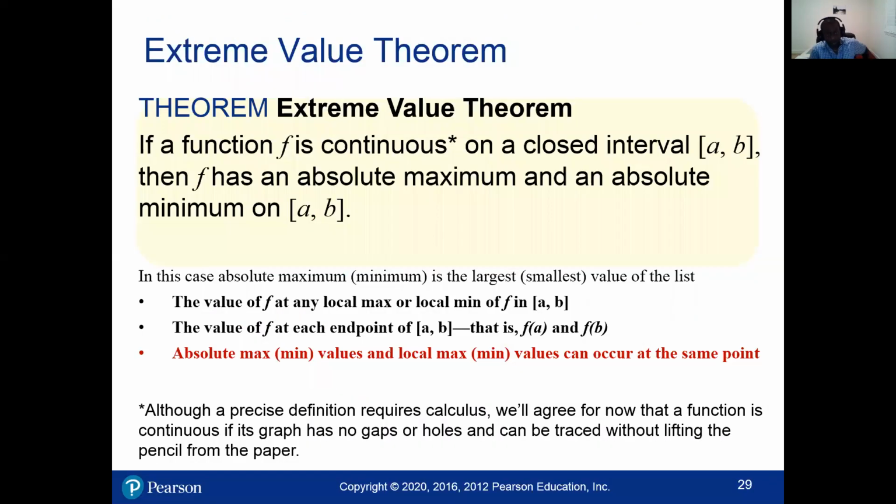Now there's a theorem called the extreme value theorem. Again, you come across this in calculus 1. If a function is continuous, what do we mean by continuous? If you can draw the graph without lifting your hand, with no holes, this is continuous.